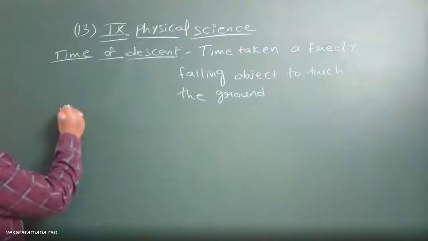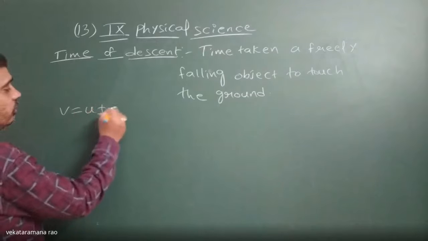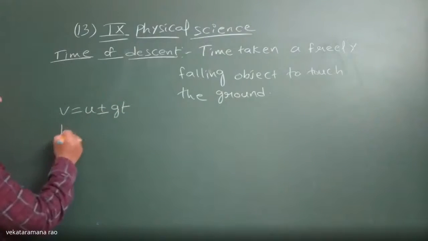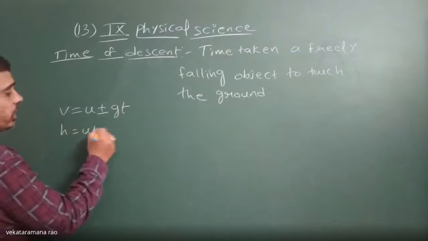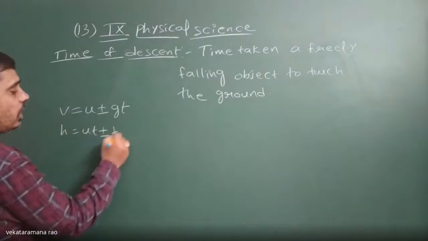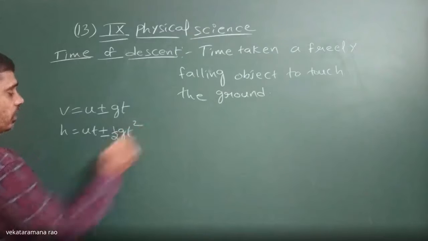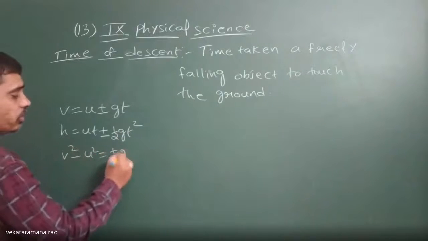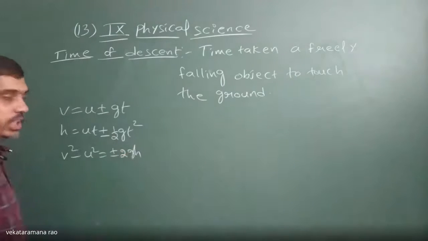Again here also, which equations do you have to consider? v is equal to u plus or minus gt, h is equal to ut plus or minus half gt square, and v square minus u square is equal to plus or minus 2gh.